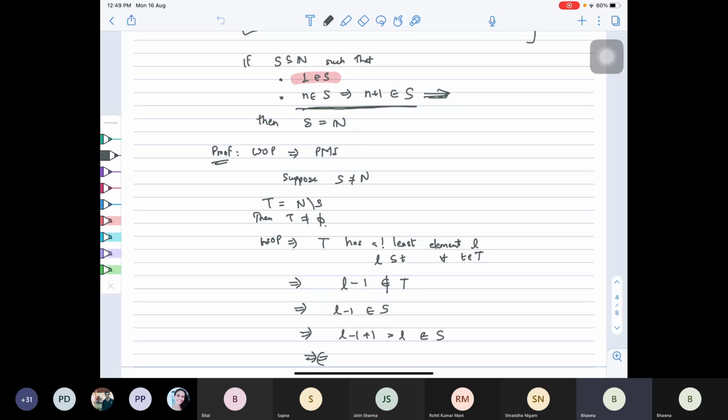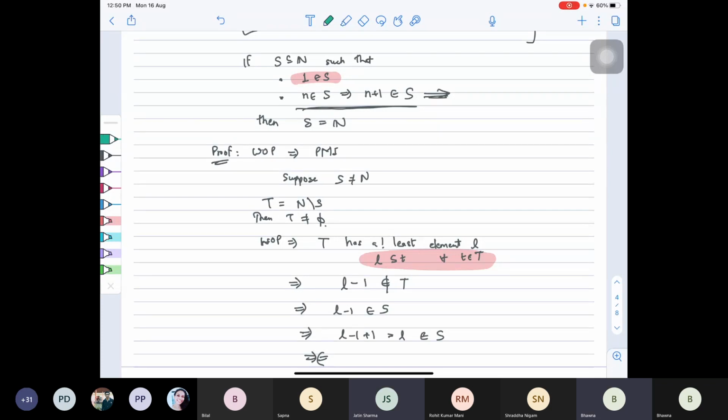So I suppose that S is not equal to N. Then N minus S will be non-empty. Call it T. By the well ordering principle, T will have a least element. That means there will exist an element L such that L is less than or equal to t for all t in T.